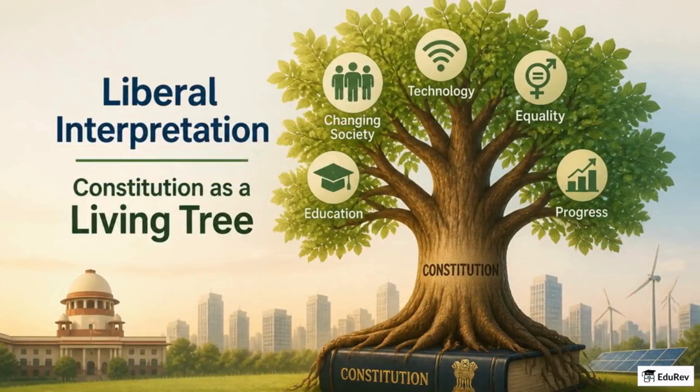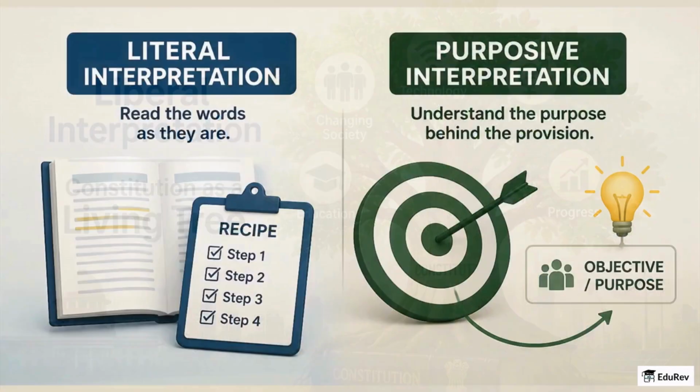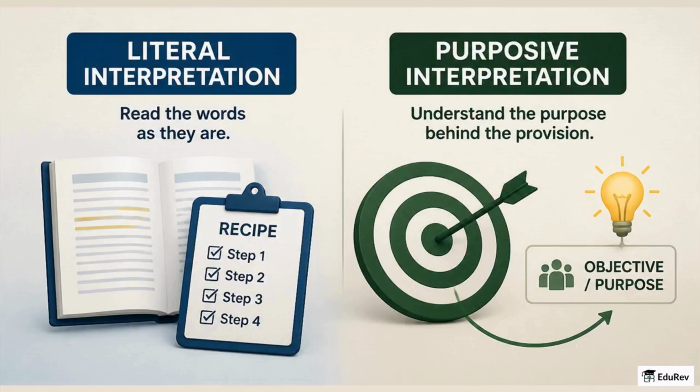Now compare interpretive approaches quickly with simple metaphors. Liberal interpretation treats the Constitution as a living tree that grows with society. Literal interpretation reads the word strictly, like following a recipe word for word, while purposive interpretation asks why the provision was included and focuses on the object or purpose.